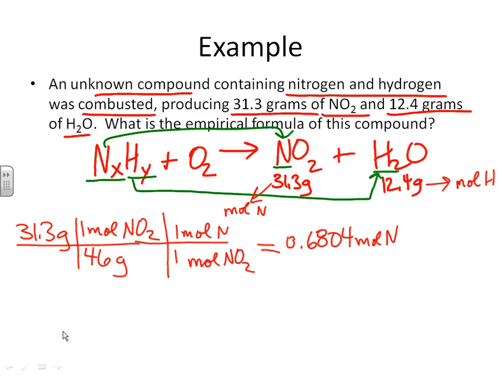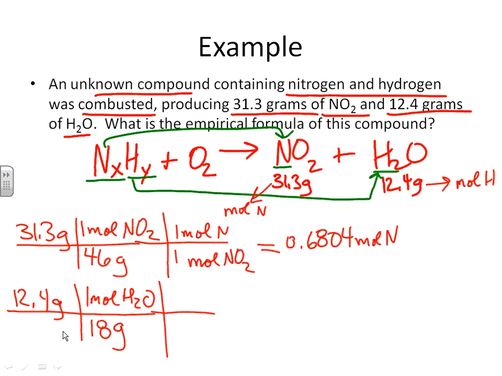Same thing for the water. The problem gave us a couple of masses, so we'll do a couple of T-charts with those masses. 12.4 grams of water, 18 grams H2O for every 1 mole of H2O. That gives us moles of water. We don't really want moles of water, though. We want moles of hydrogen because we are looking for the empirical formula of NxHy.